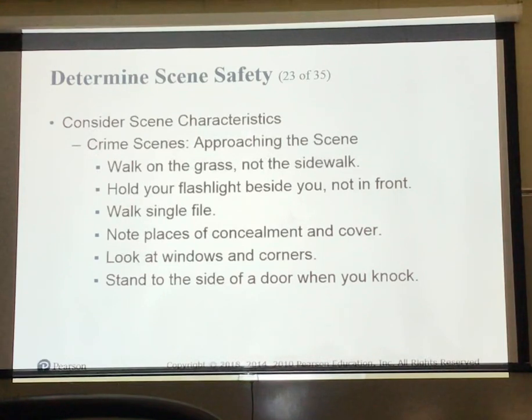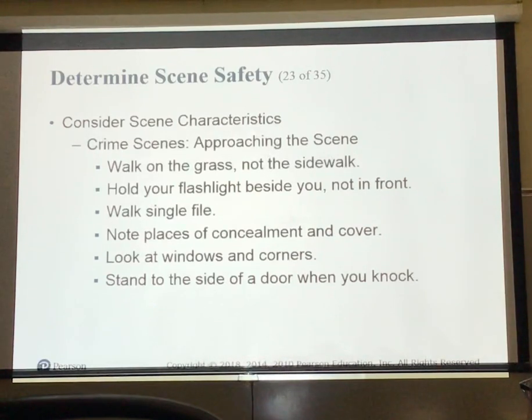Use a flashlight. Hold it beside you, not in front of you. If you hold it in front of you, you make yourself a target. If you're walking with a partner, walk single file. Don't walk two abreast, alright? The first person in line should carry the flashlight and hold it beside them.